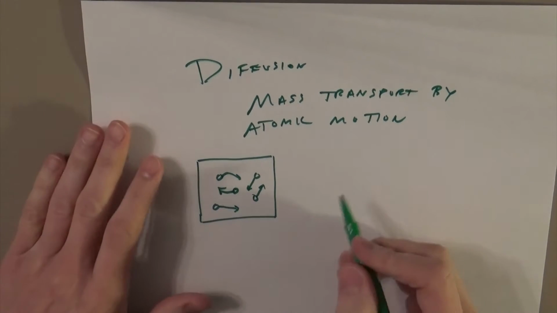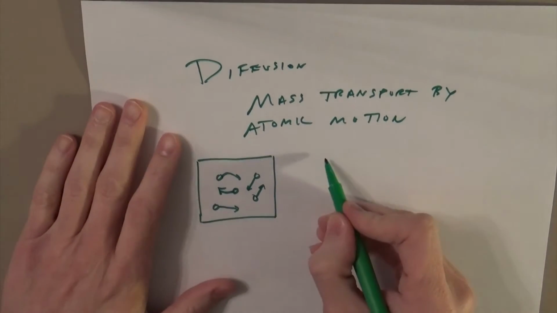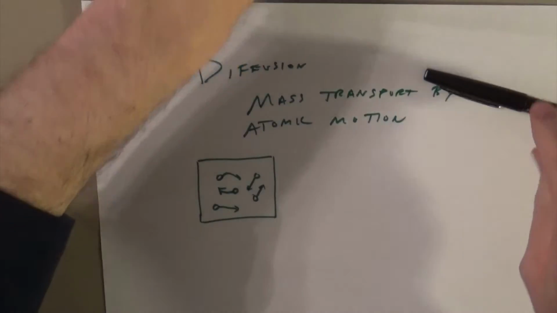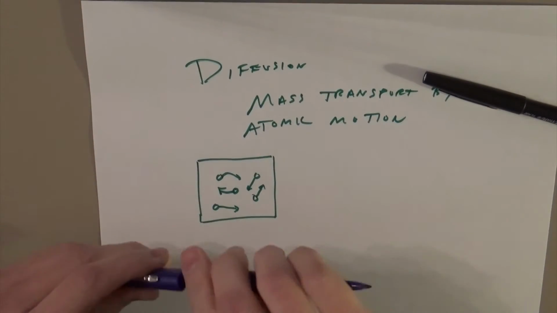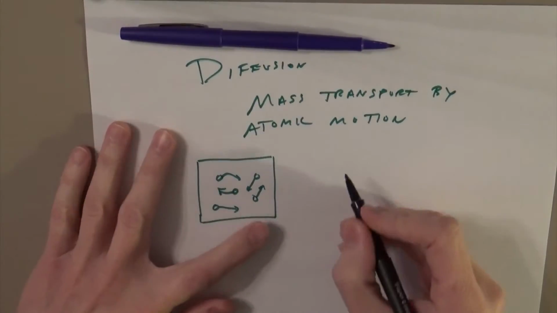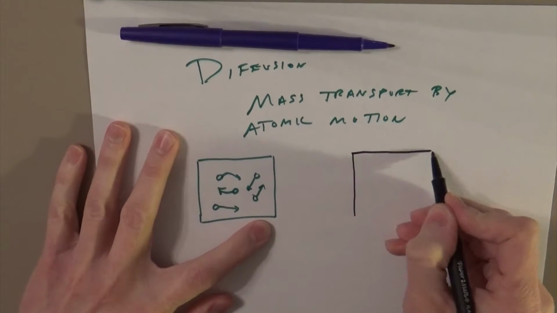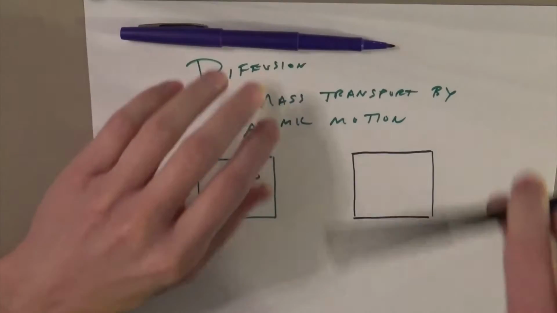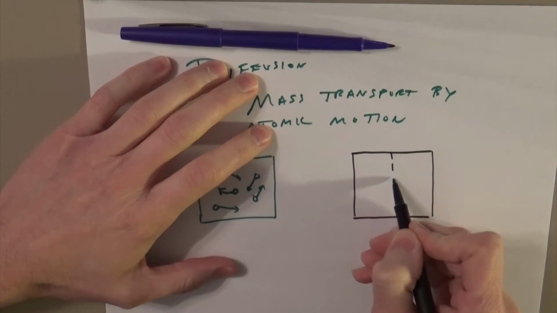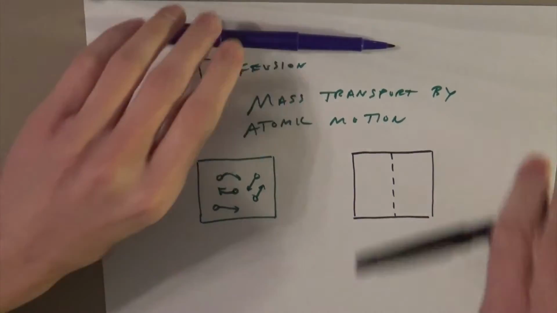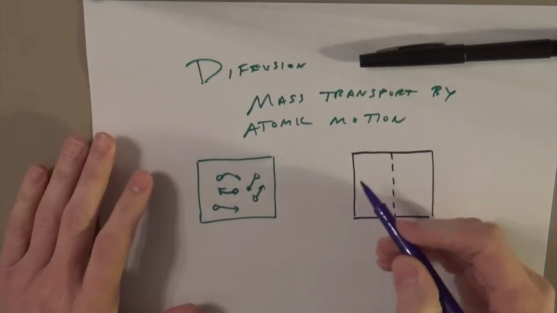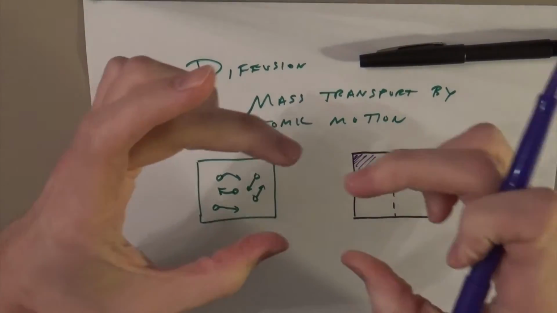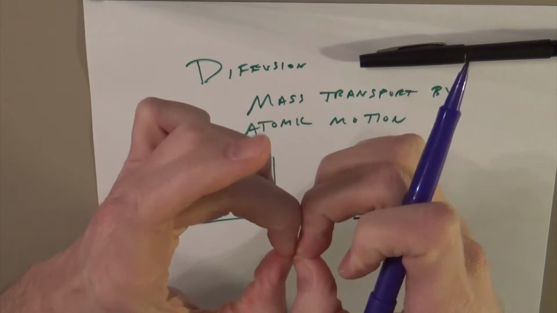If you start out with a system that's, say, a solid, and let's pick some different colors here, and you have some artificial divider that you create, or maybe, for example, you have two pieces of metal, like a piece of copper and a piece of nickel, and you weld those two together.